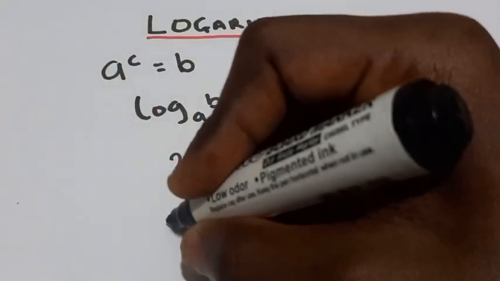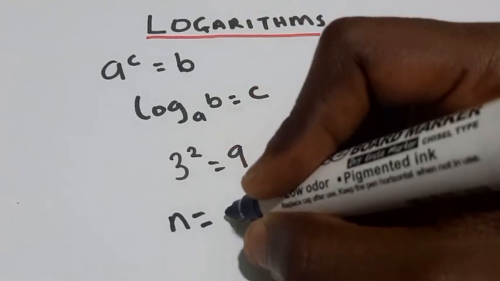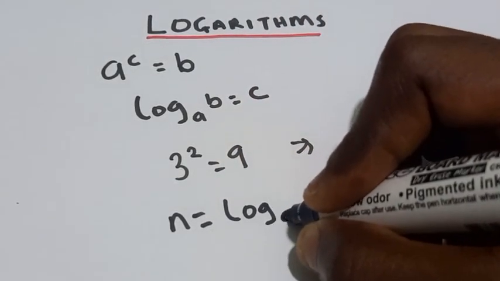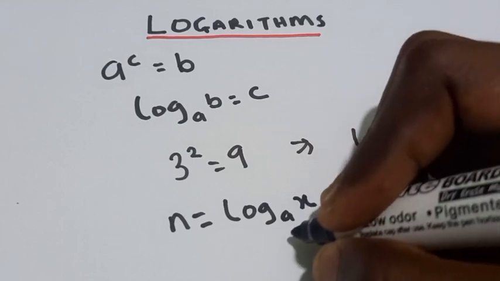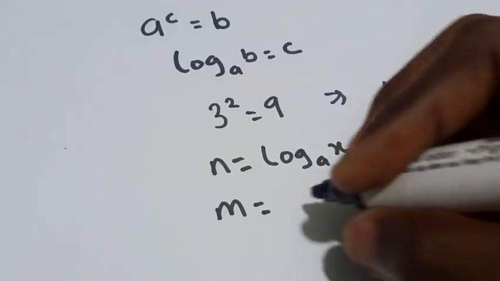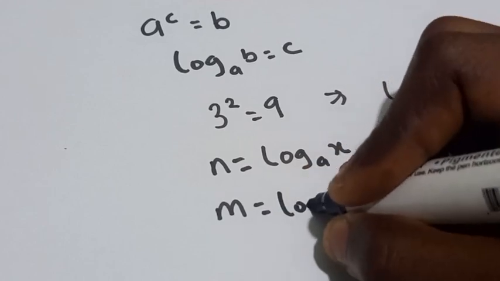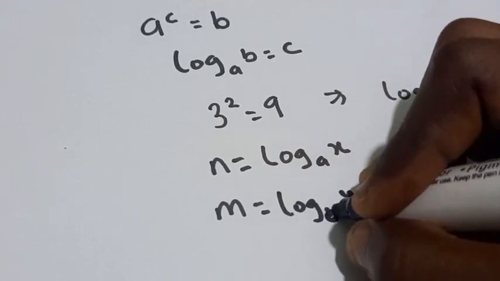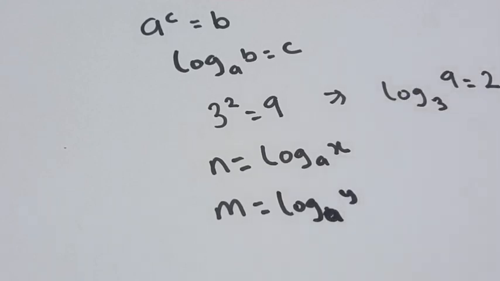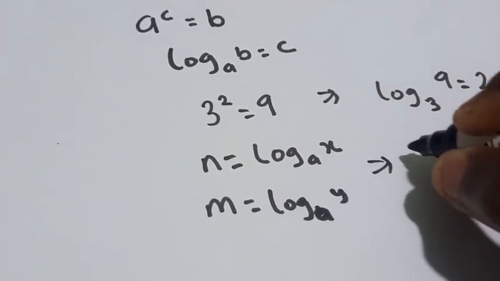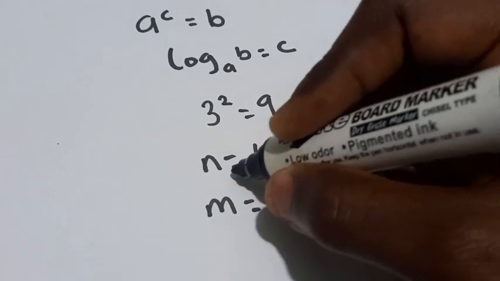You must know that if n is equal to log base a of x, and m is equal to log base a of y, then the a will raise the n.